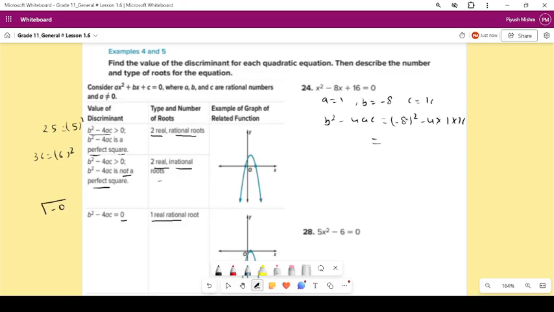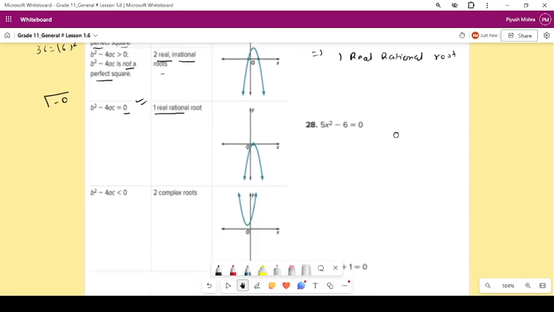Solve it further. 8 8s are 64 minus 64, so it will be 0. And if it is coming 0, then I will be using this one. This implies one real rational root. So this is your answer, because here we have to find how many roots are there and what is the nature of the roots.